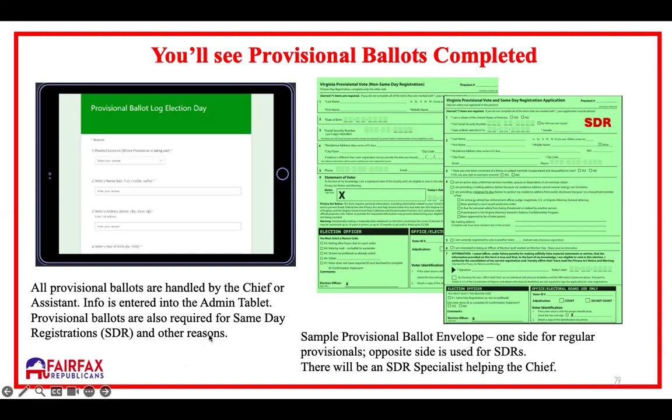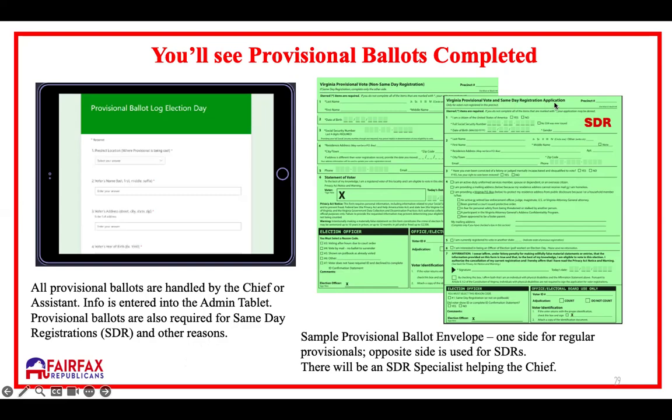But as of through the June primary, the provisional ballot envelope was a two-sided thing. One side was the regular provisional envelope. The reverse side was for same-day registration applications.